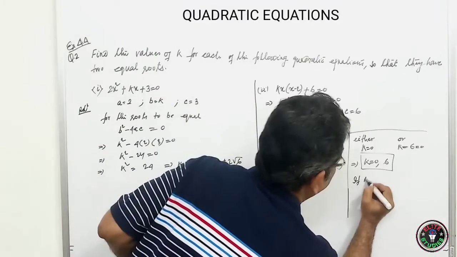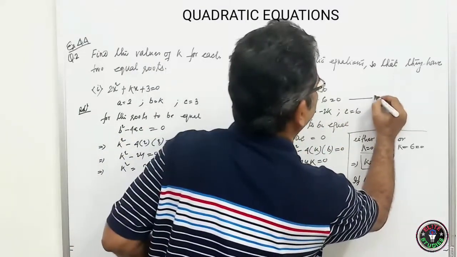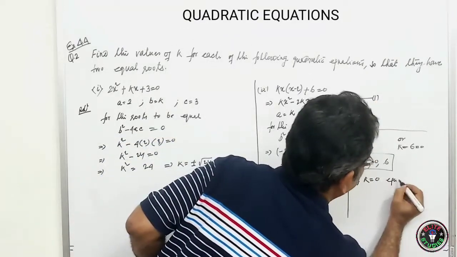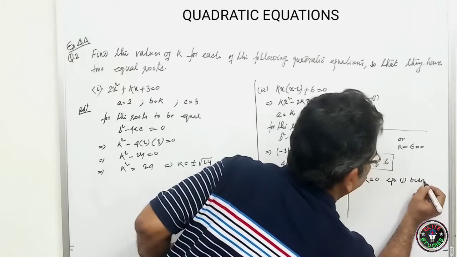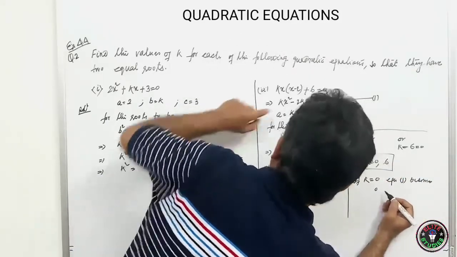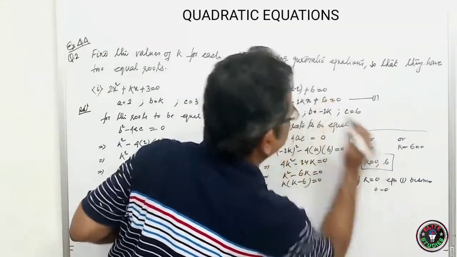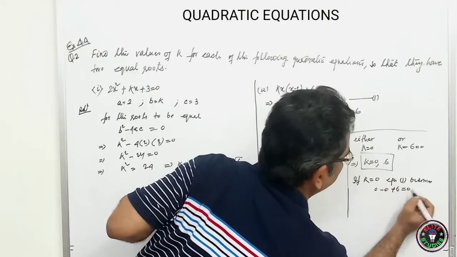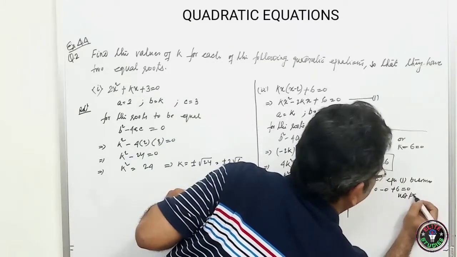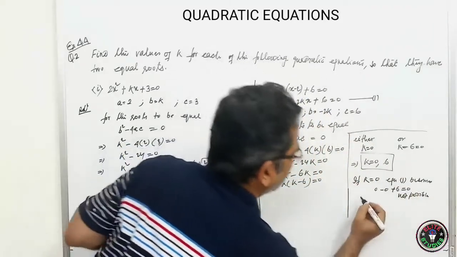If k is equal to 0, the given equation 1 becomes what? 0, it is 0 because k is 0 and here is also 0 and here it is plus 6 is equal to 0. It is not possible. Why? Because 6 cannot be equal to 0.